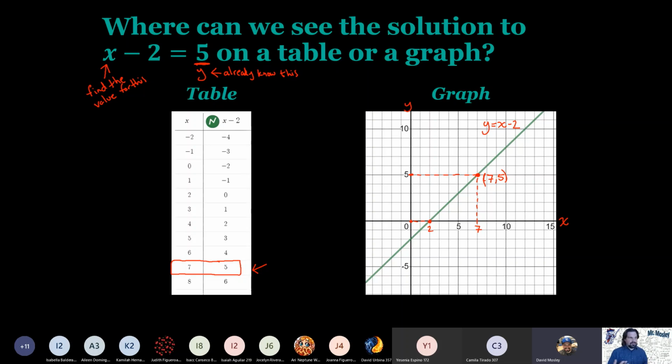So we can use the graph, right, to find solutions, to find what value of x goes along with a given value of y. Or I could go the opposite way. I could say, okay, if I put in a value for x, what's the value of y that I'll get out when I have the graph? What questions do you have? What can I clarify?